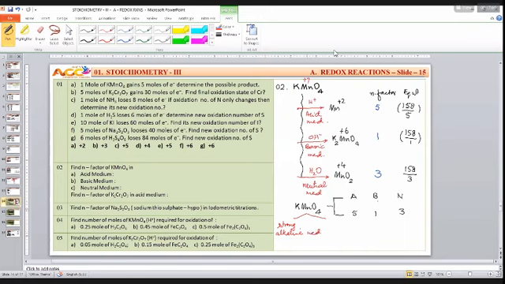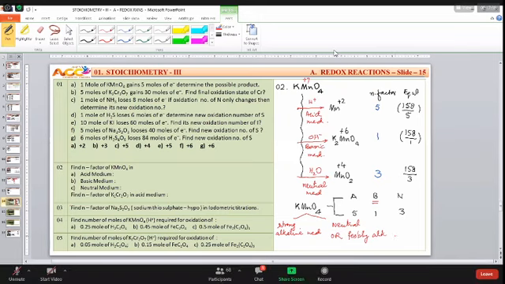This is called strong basic medium. Sometimes he says something like neutral. This neutral is also named as weak alkaline. And in the IIT examination, the word used is feebly alkaline. It means it is weak alkaline medium. Go ahead.